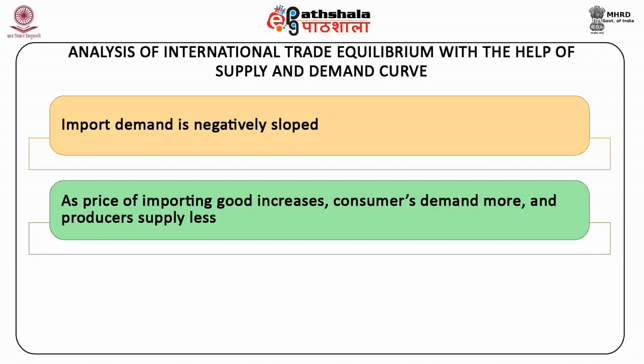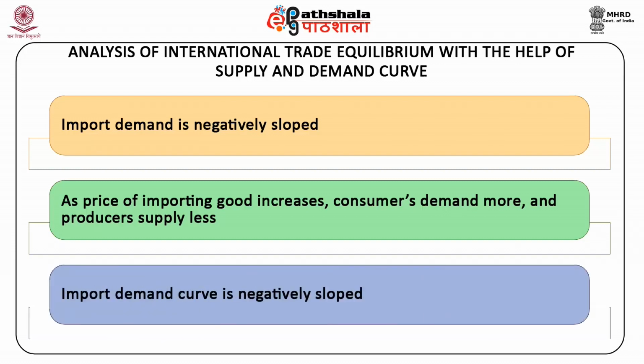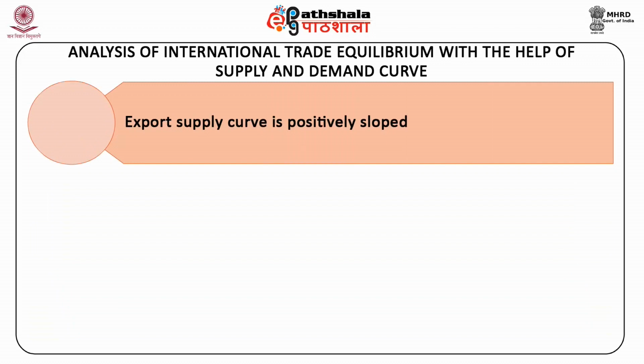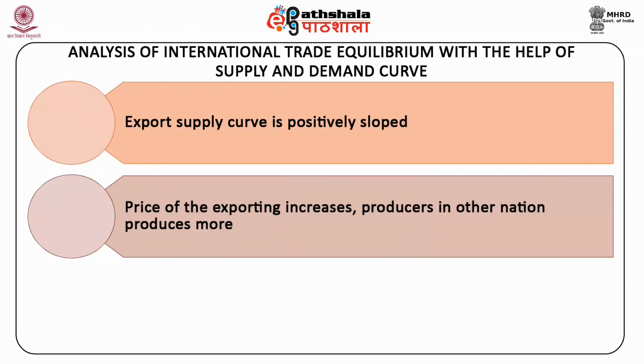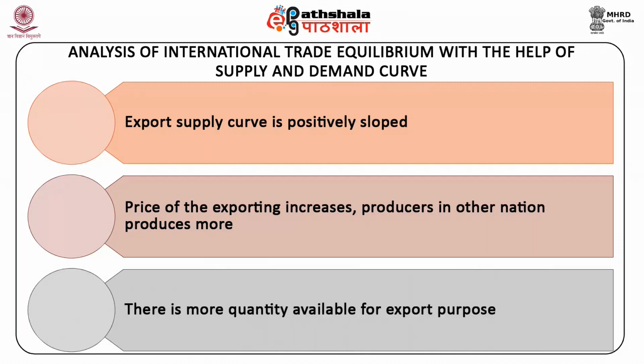So, the demand for imports increases and the import demand curve is negatively sloped. The export supply curve is positively sloped, indicating that as the price of the exporting good increases, producers in the other nation produce more but consumers in that country consume less. As a result, there is more quantity available for export purposes. That is why the export supply curve is positively sloped.